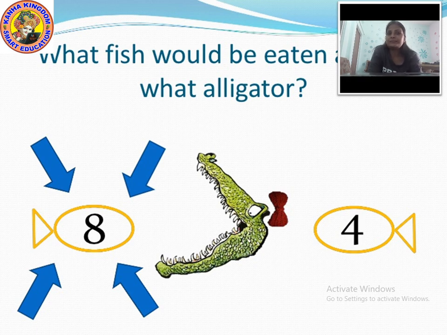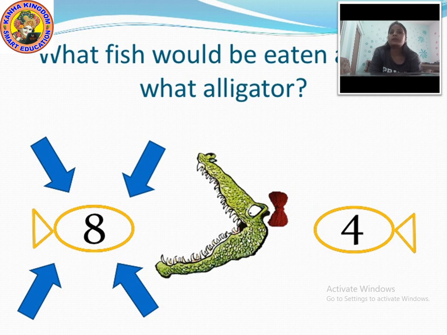Can you tell me? Number 8 or number 4? Yes, the alligator is eating the number 8. Why? Because 8 is greater than 4, or 8 is more than 4.